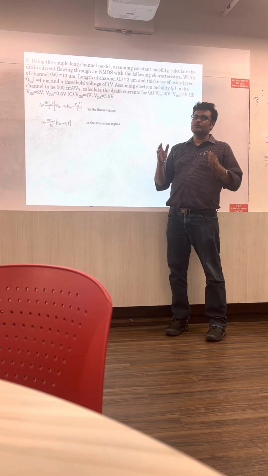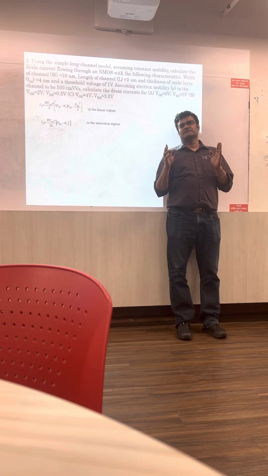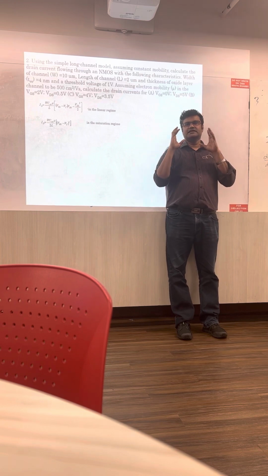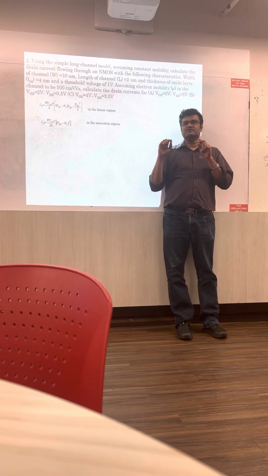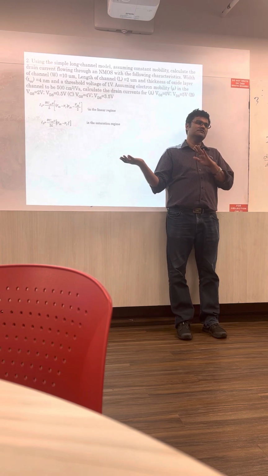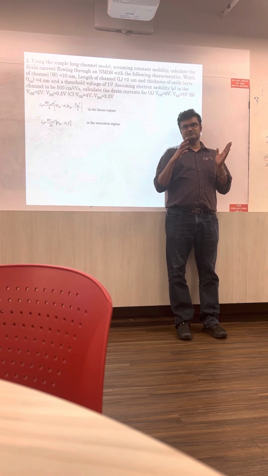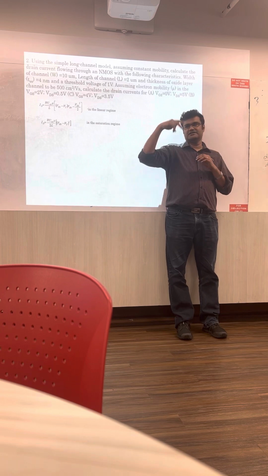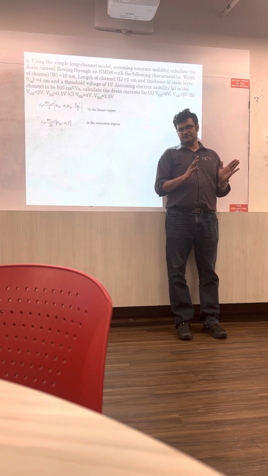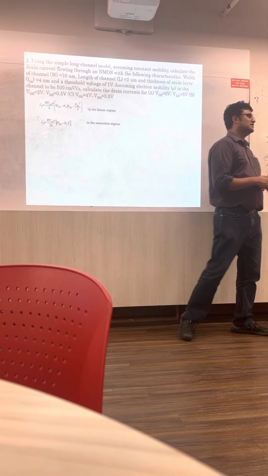If the horizontal voltage, which is VDS, is greater than the effective vertical voltage, that is, if VDS is greater than VGS minus the threshold voltage, you are in the saturation regime. If it is lesser, you are in the linear regime.